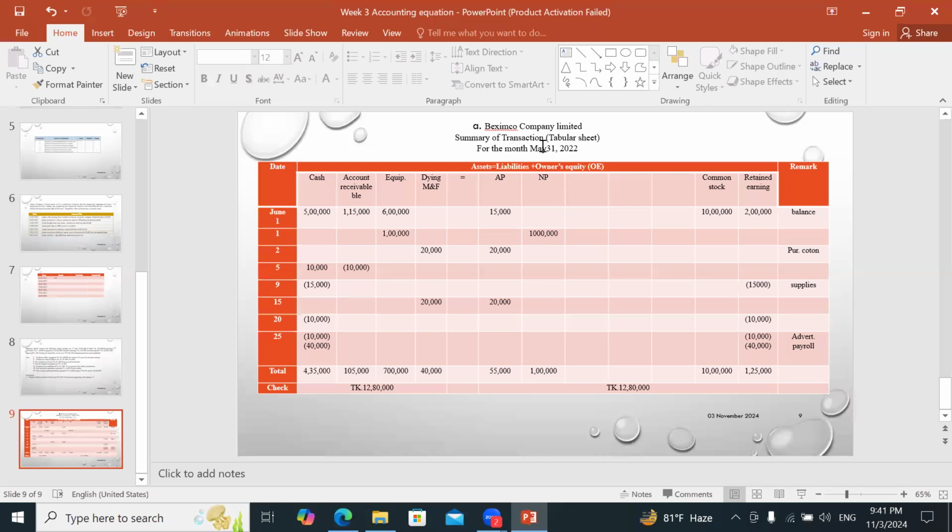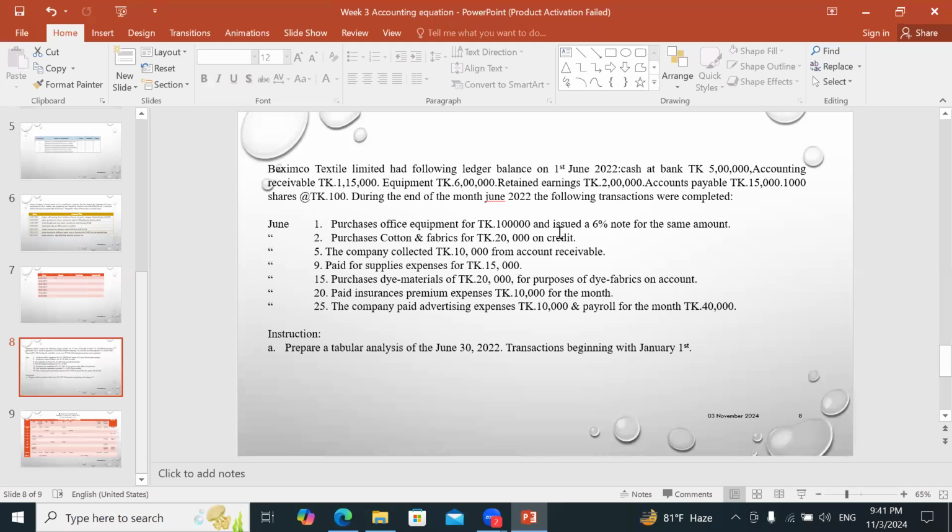You put the item on May 31st. This is the monthly transaction. But the business started on which date?